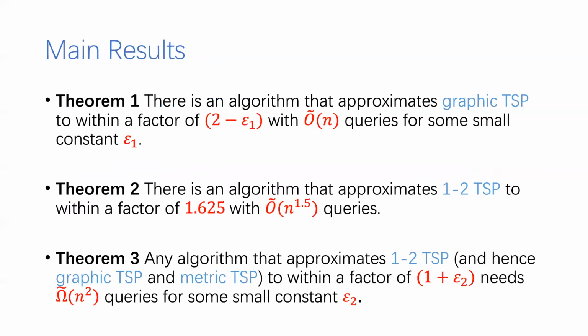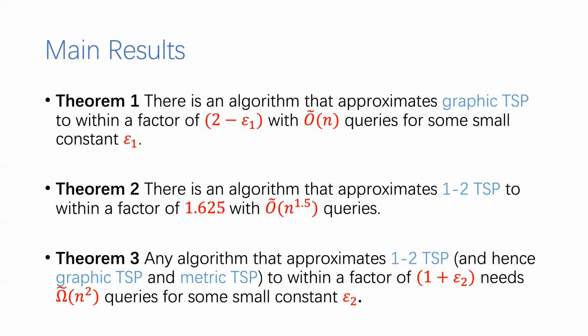In this work, we prove several results on both the positive and negative side. On the positive side, for the Graphic TSP problem, we give an algorithm that approximates Graphic TSP within a factor of 2 minus epsilon with a near linear number of queries. And for the 1-2 TSP problem, we give an algorithm that approximates the TSP size to within a factor of 1.625 with near root n queries.